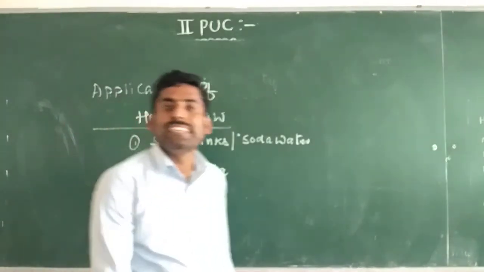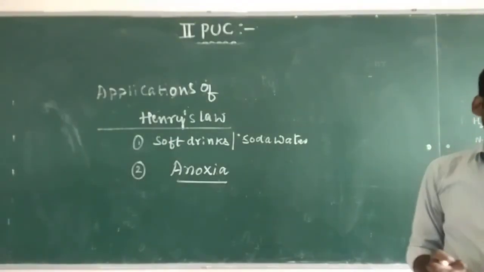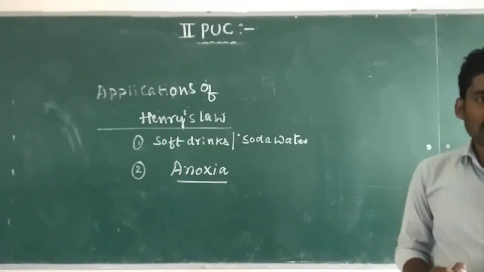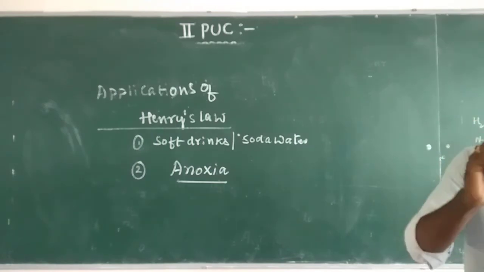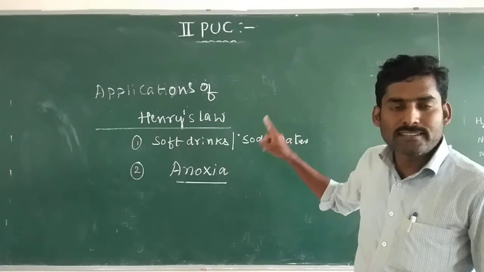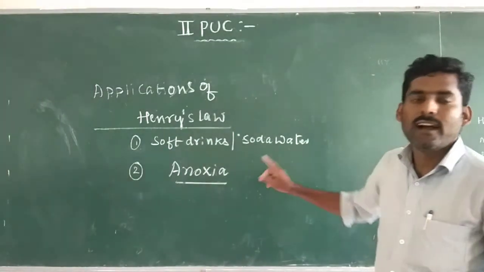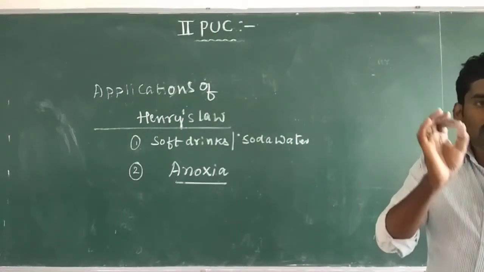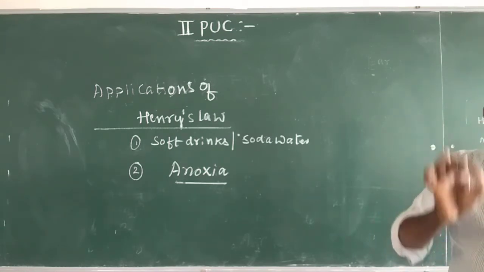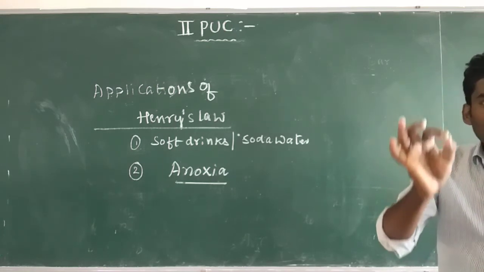They are unable to think clearly. Confusion will happen in their mind because of lack of dissolved oxygen. Such a condition is called anoxia. This is a medical condition. So at higher altitude, the partial pressure of oxygen is lower than that at ground level.